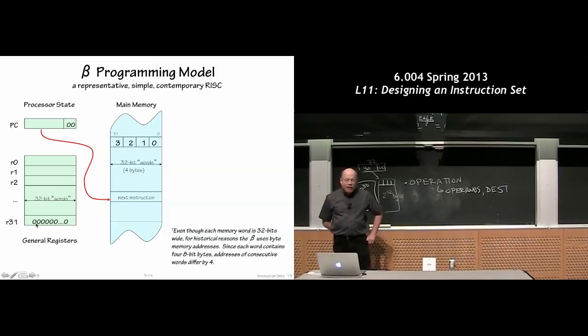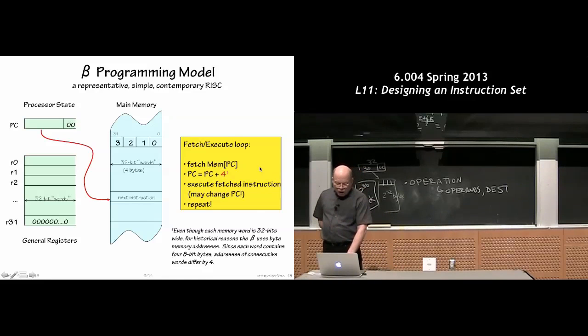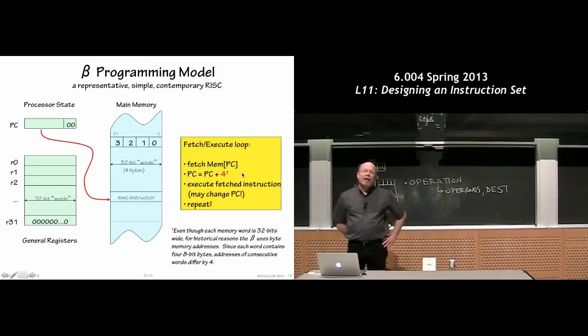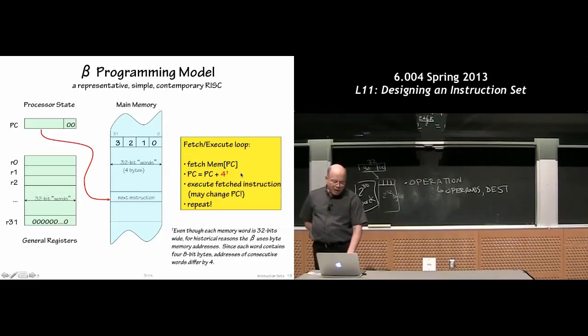And then finally we have the program counter, which is going to be incrementing and showing us where the next instruction comes from. So the fetch and execute loop is we're going to go off and fetch that 32-bit encoded instruction, and I'll show you what the encoding looks like in just a second. We're going to increment the program counter, and remember, because we're stuck in this byte addressing hell, when I say increment, we're going to go to the next word of memory, which means we're going to increment the byte address by 4. That moves us 4 bytes farther along in memory, or one whole word.